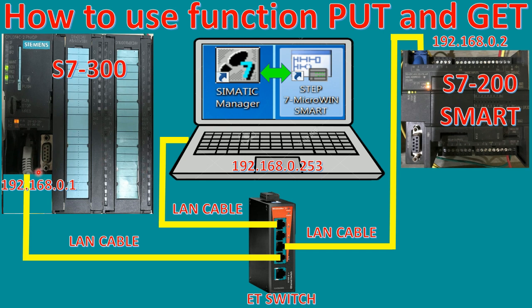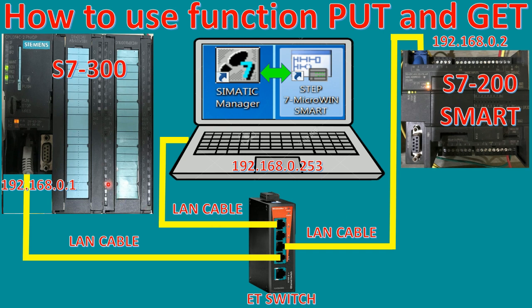Here is the IP address that we will set on the Profinet port of PLC S7-300: 192.168.0.1, and I will connect to the Ethernet switch, where we can provide 24 volts to the switch, and then we can connect to the computer and connect to the PLC.